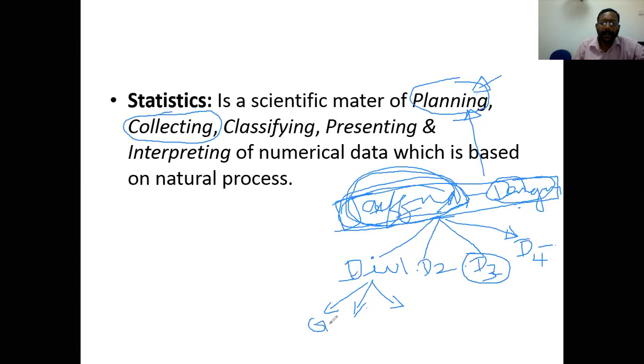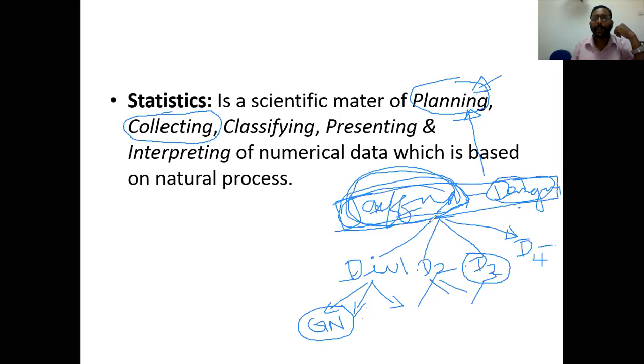GS divisions. Yeah, earlier we called it GS. Now we call it GN, Grama Niladari division. So GN1 in this division, GN2, GN3, likewise. You have several divisions, right?